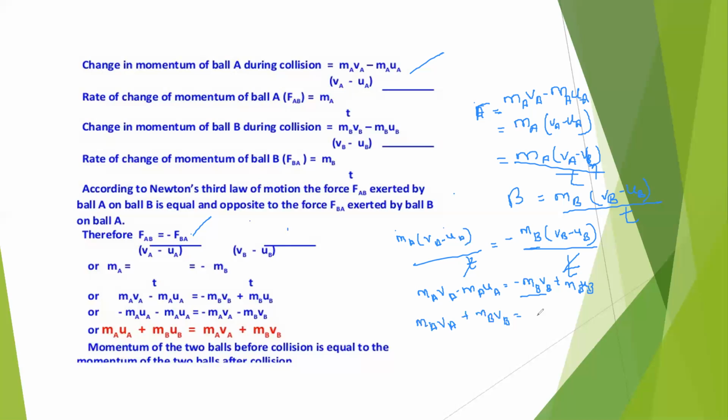This is equal to MB UB, which I'll write as it is. Then minus MA UA, taken to this side, minus becomes plus, so it becomes plus MA UA.